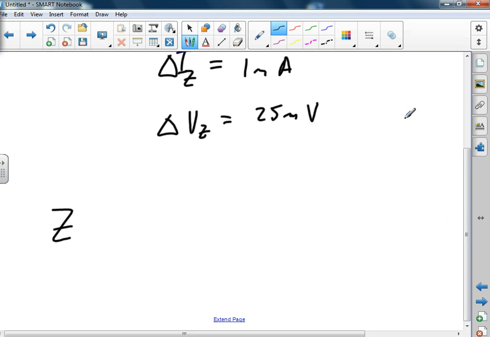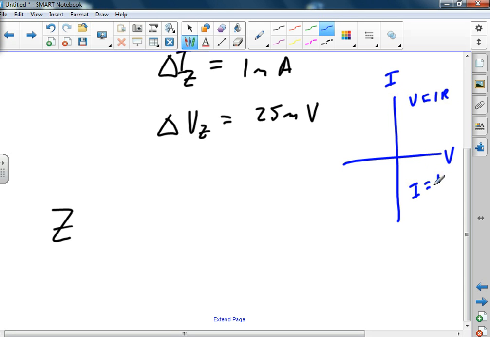All right, so we could have remembered that formula, which we probably didn't. So we'll go back to current, voltage, and V is equal to IR. So I is equal to 1 over R times V. The slope is change in y over change in x, and it's 1 over that.